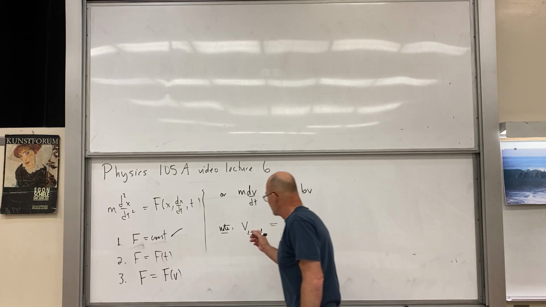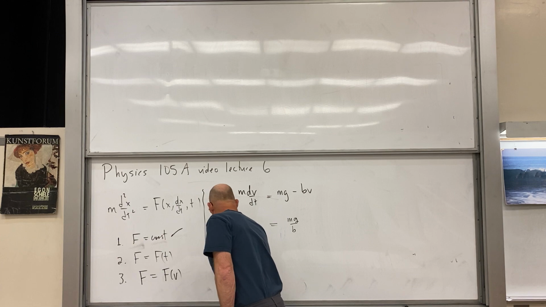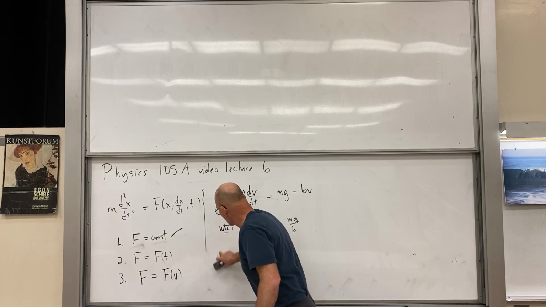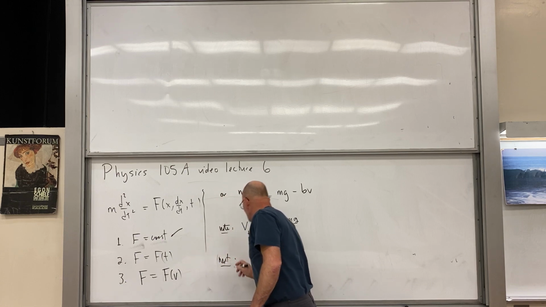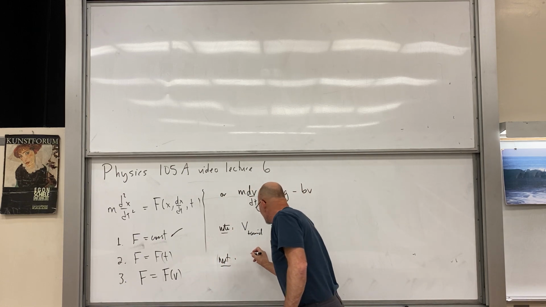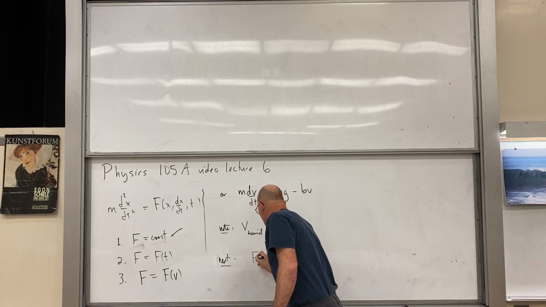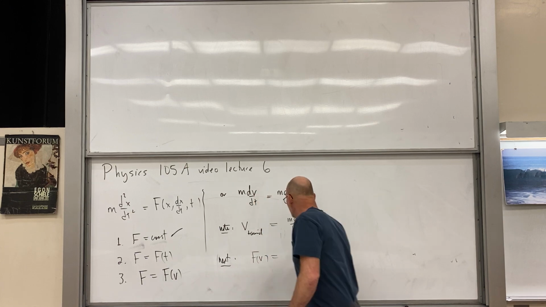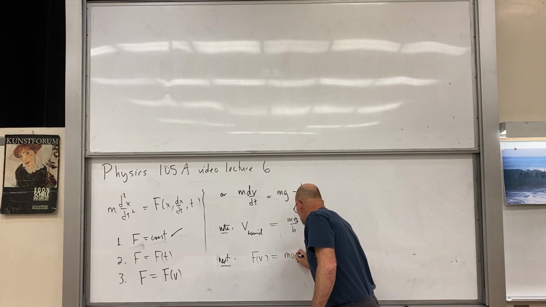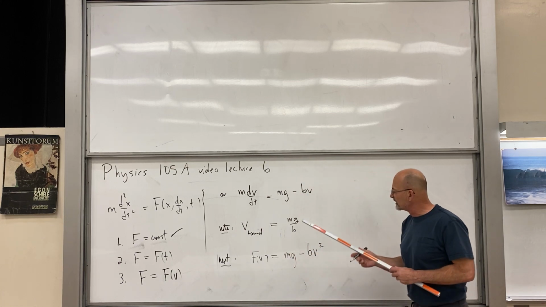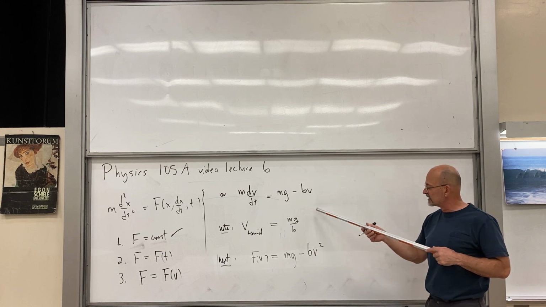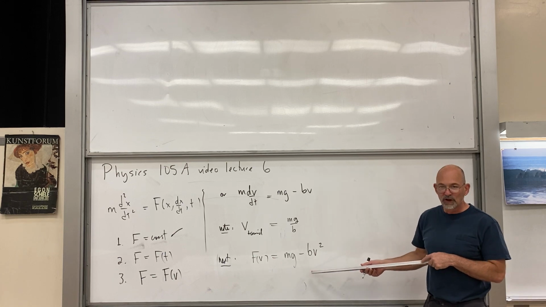My next problem is also force as a function of velocity. We're going to take F of v is equal to mg minus bv squared. So in both of these cases, b is some constant, and here you'll see it has different units, obviously.